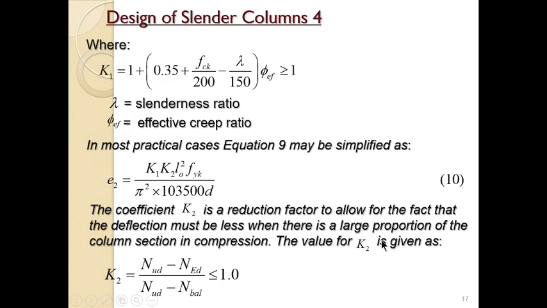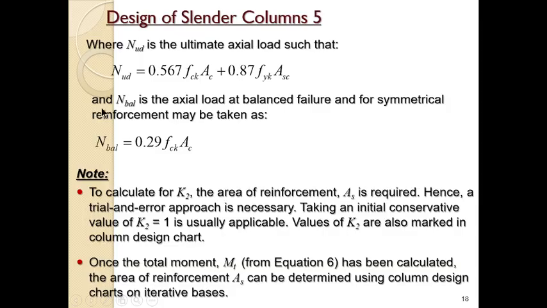The value of K2 from this equation can be given by this particular equation. Now, where nu in the equation is the ultimate axial load such that nu is equal to this whole expression, and n bar is the axial load at the balance failure, and for symmetrical reinforcement, it may be given as this.